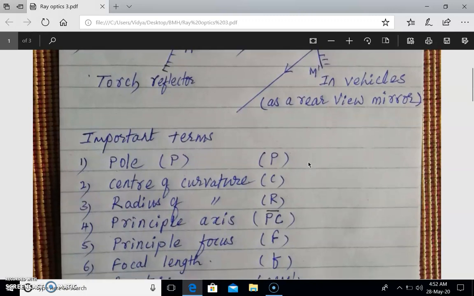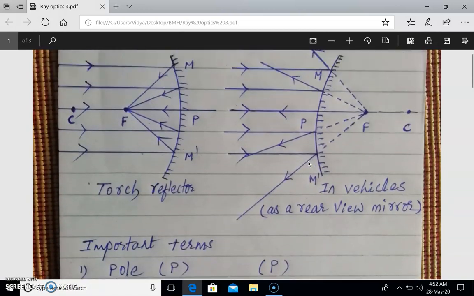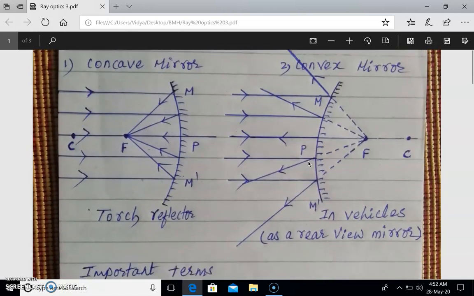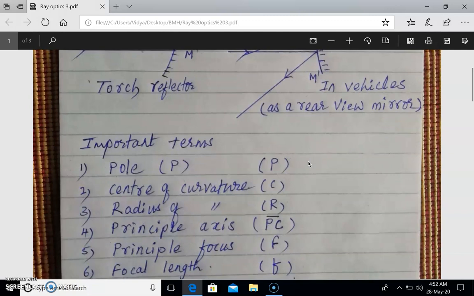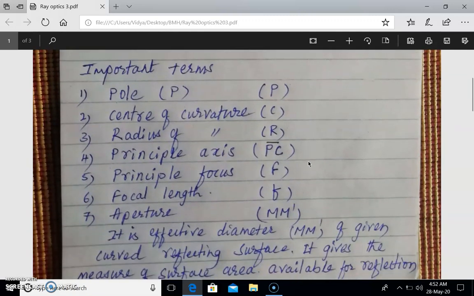The important terms we need to discuss in connection with image formation in spherical mirrors. Let me read out all the important terms, then we switch back to the diagram and discuss the same.